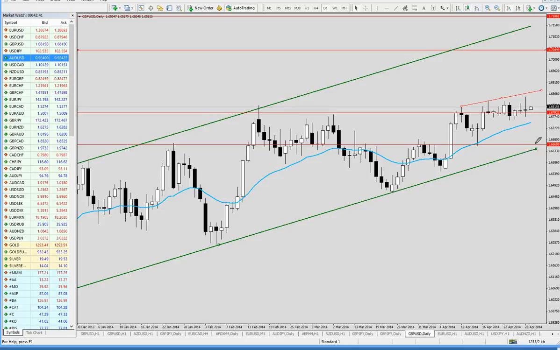But as long as we are within the channel, I would look for buying opportunity around 66.60 to get the possibility to hit the upper line of this channel we drew, which is within this huge selling zone, okay?